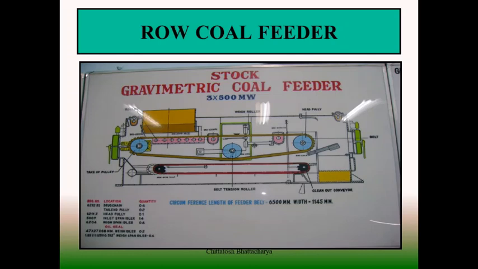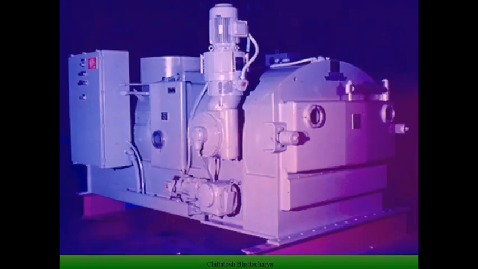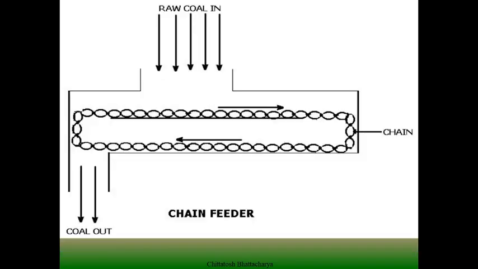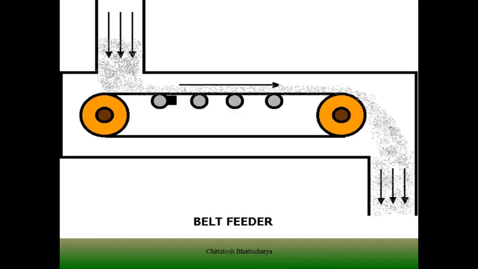We are also having no coal flow signaling, and the coal is dropping on the belt at the take up pulley zone, and they are having load cells which are sensing the coal quantity on the belt, and they are sending the signal about the quantity of flow. There is an RPM measuring device at the head pulley, and there are also sensors which are integrating the coal flow quantities.